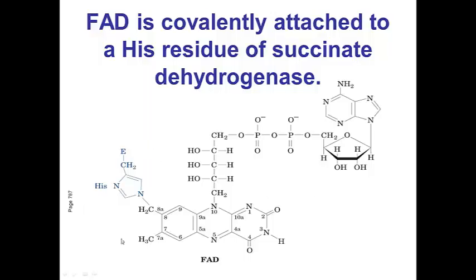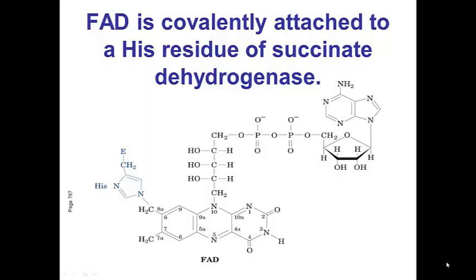It's covalently bound to this histidine in the active site and can't dissociate from the enzyme itself. This also makes it very important that the enzyme is embedded within the inner mitochondrial membrane, where it can donate these electrons to the electron transport chain.